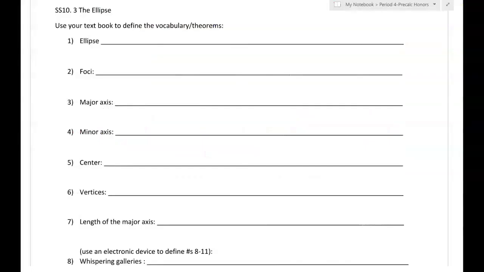Let's start the definition for the ellipse, section 10.3. All right, the first definition is the ellipse.